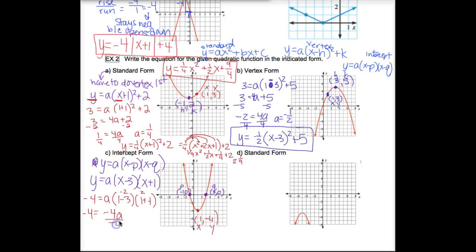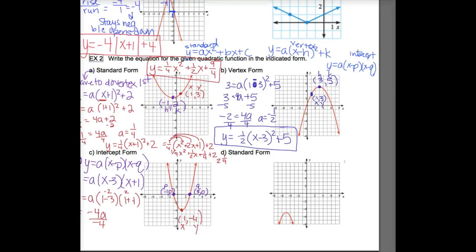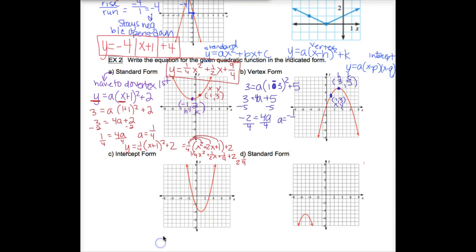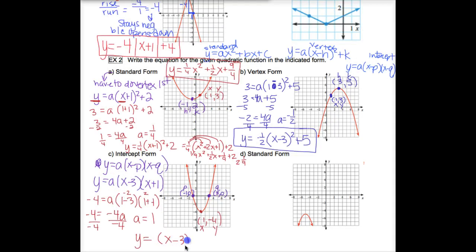So divide by negative 4. Ooh, moved that over accidentally. Negative 4 over negative 4 is positive 1. So a is 1 in this case, which means y equals, you don't have to put the 1 in front, it's just going to be (x minus 3) times (x plus 1).